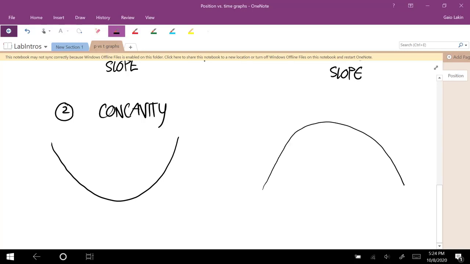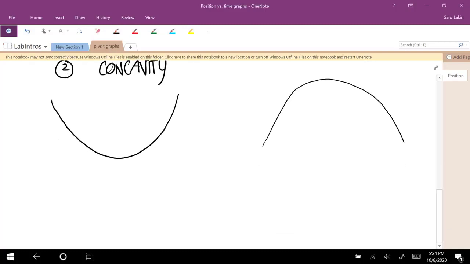If it's a straight line, no matter what the slope is, it has zero concavity. So these are the only two possibilities if it has concavity. This one is called concave up. The way I learned this in math a long time ago, concave up is like a cup, concave down is like a frown.